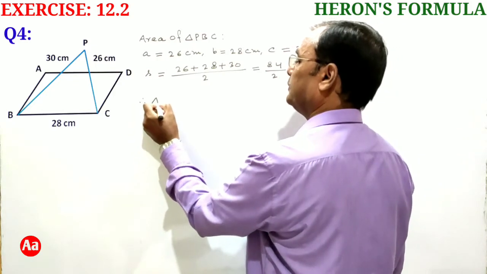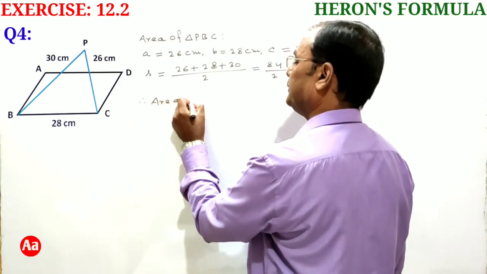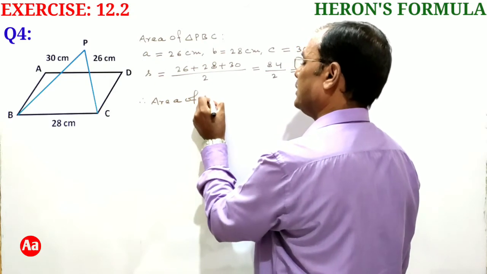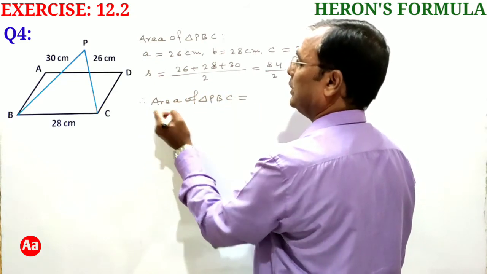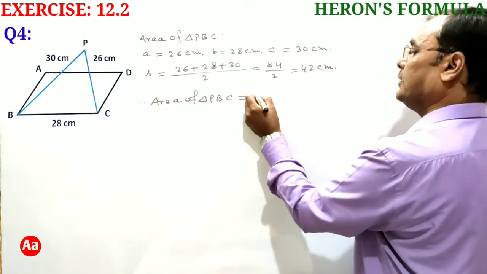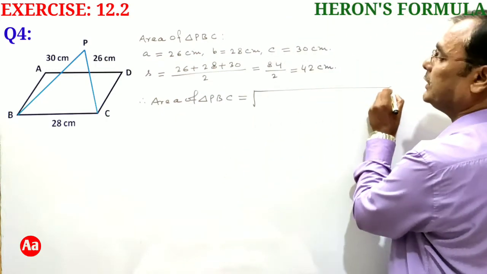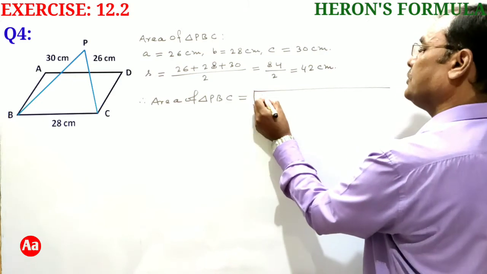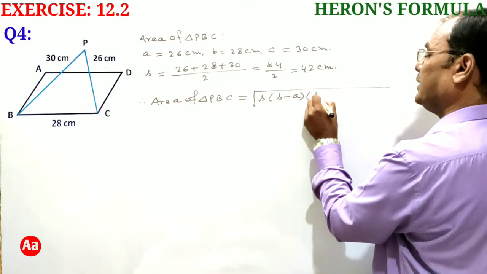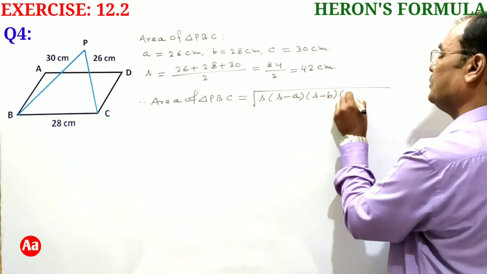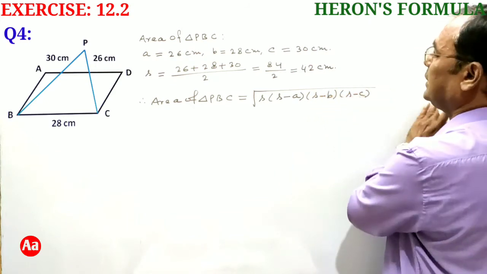Therefore, area of triangle PBC is equal to, now let's write Heron's formula, which is under root S into S minus a into S minus b into S minus c.